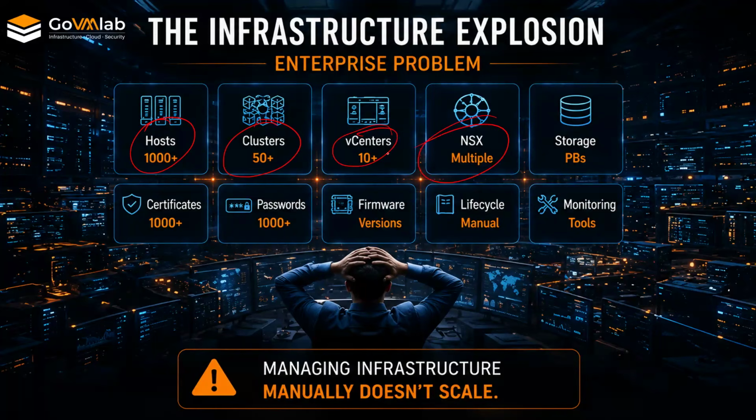Then you have a vCenter server. NSX has a responsibility to provide network security services in software. So every component in this infrastructure is another responsibility, another operational task, another risk, another spreadsheet, and another human dependency.